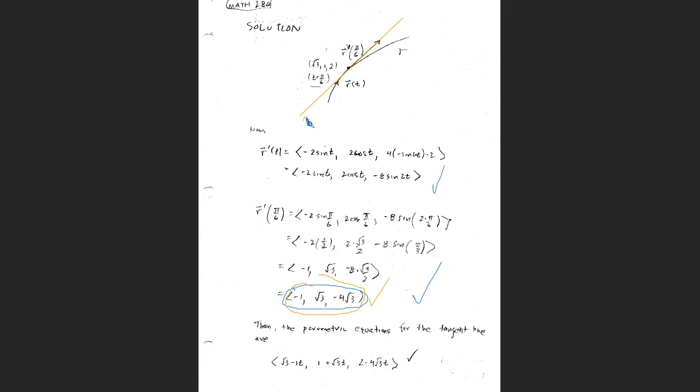And I know that the point on the space curve where the tangent line is tangent to the space curve is (root 3, 1, 2). And so here are the parametric equations for the tangent line. Okay, are there any questions on that?